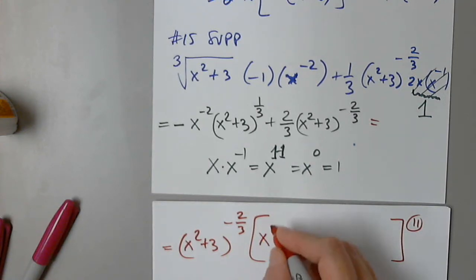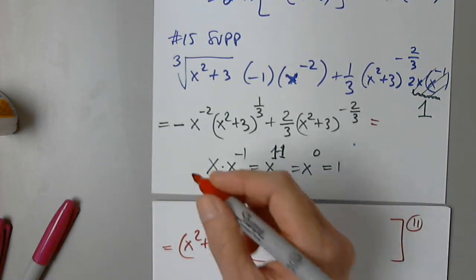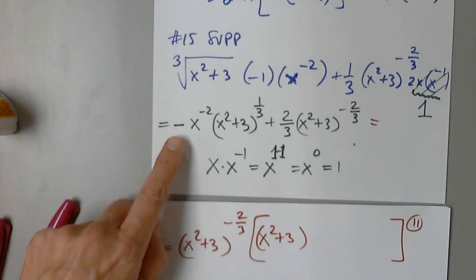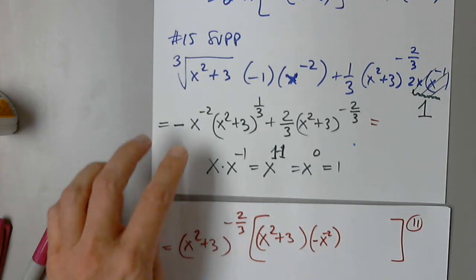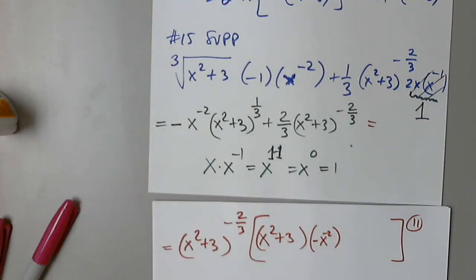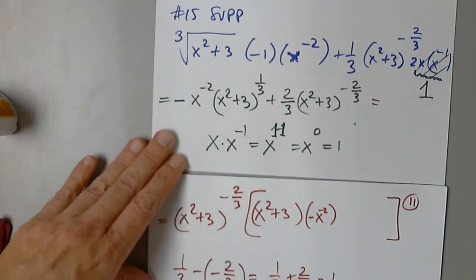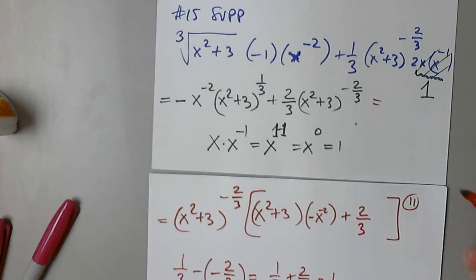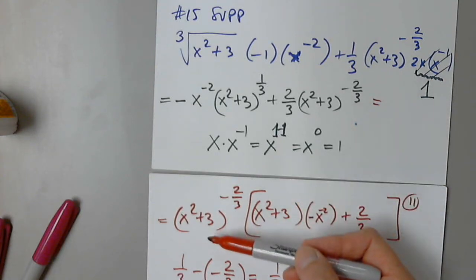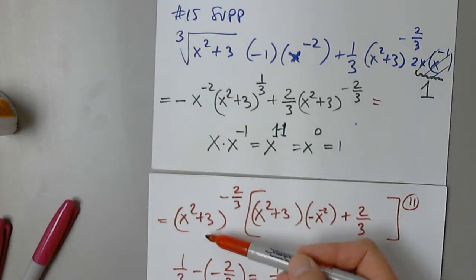Thank you very much. And I rushed and didn't copy this first. So I'm going to put it here. My apologies. I should have copied the negative x to negative 2 first, but I rushed because I was focusing on the factor. My apologies. Plus 2/3, and this is all out. There is nothing left.